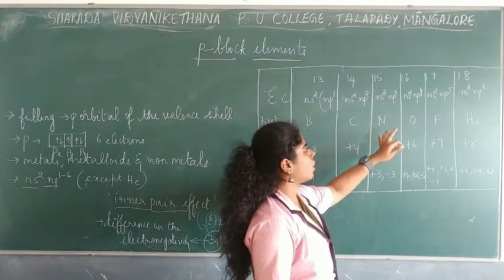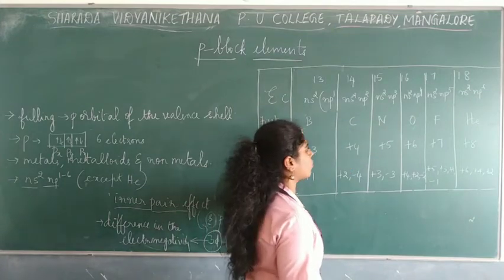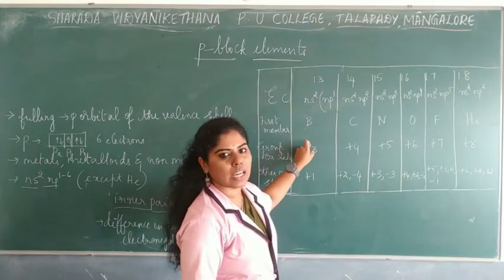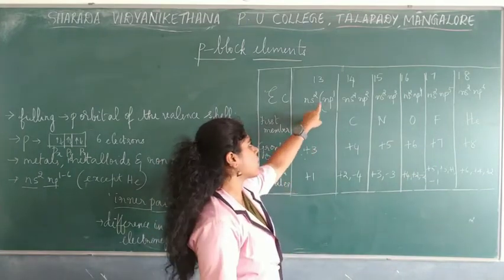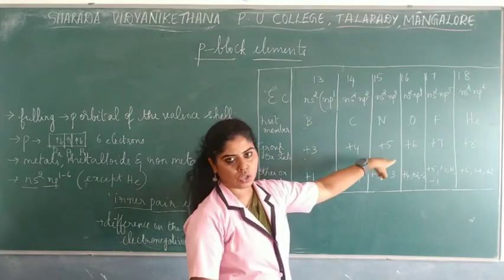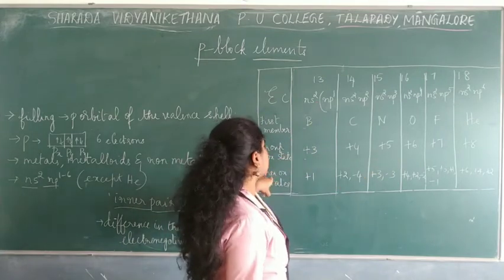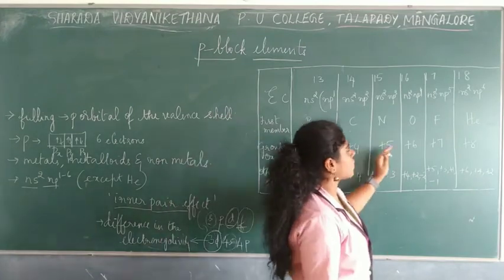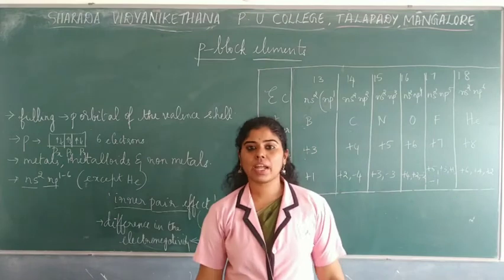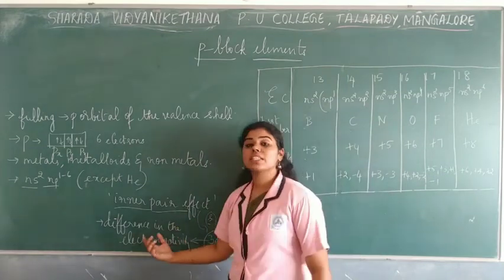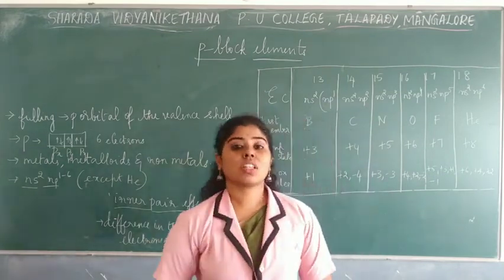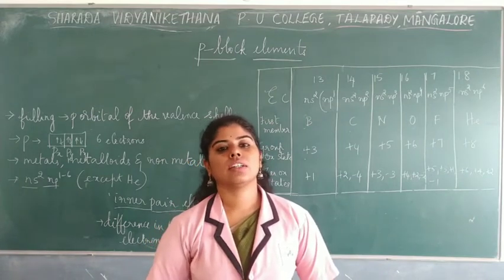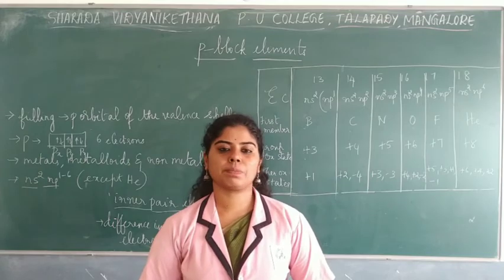So this is how you have the different families starting from boron to the noble gas, that is helium. So the group oxidation state would be equal to the number of electrons present. So total N, you would get the group oxidation state, whereas the other oxidation states are due to either the inert pair effect, or across a period it would usually be due to the difference in the electronegativities. So these two are the reasons why these elements would have the variable oxidation states.